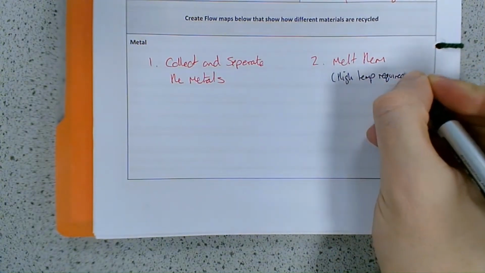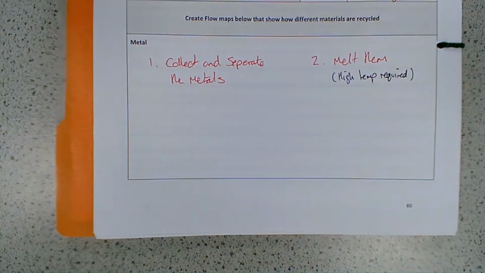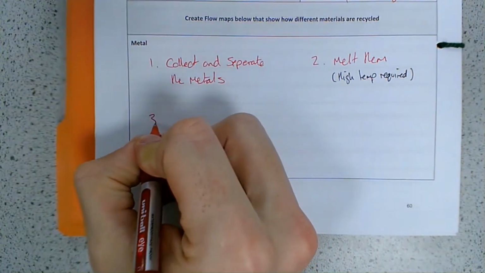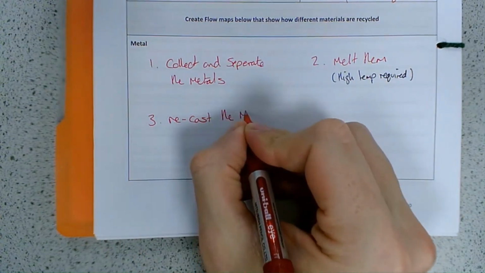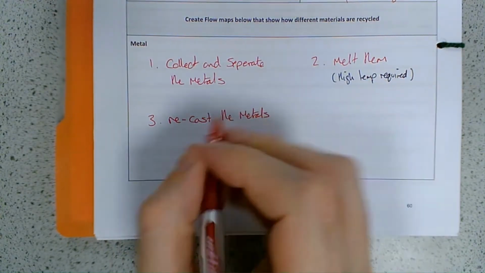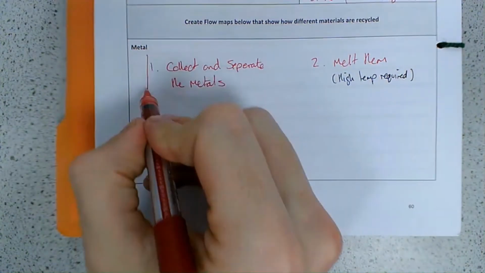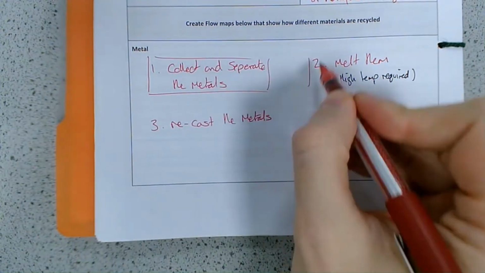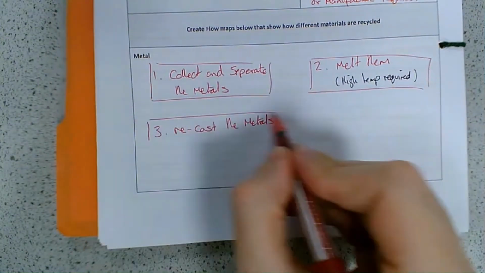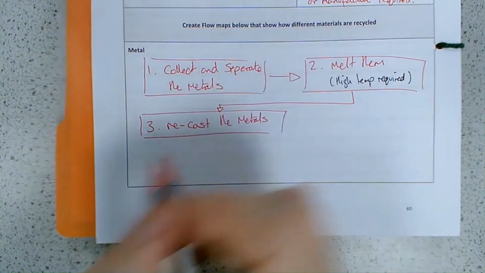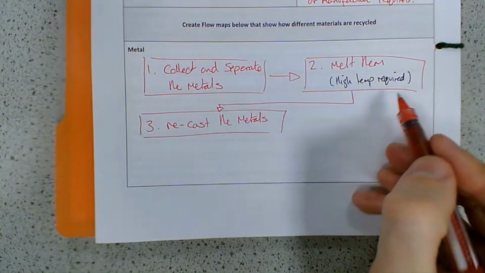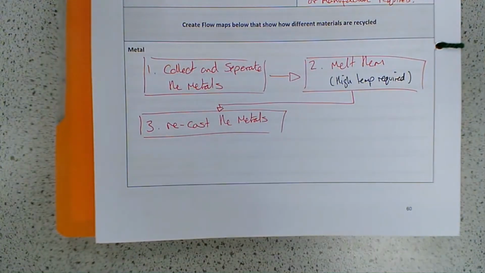It's worth making a note of that. And then once they've been separated and then melted, they can be recast. Okay, so those are the three main points for the recycling of metals. We need to collect and separate the different metals. We need to melt them using a high temperature, and then we can now recast them into whatever form we want them to be in.